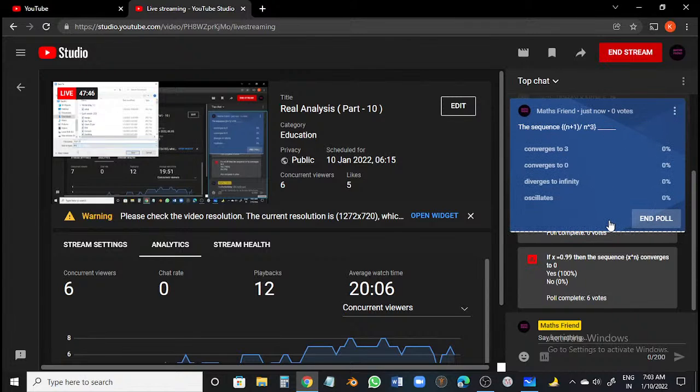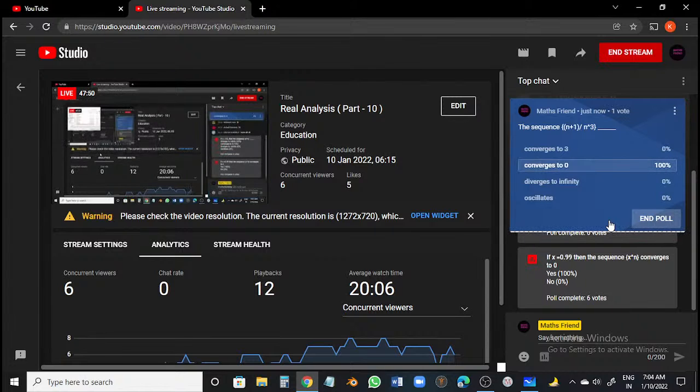The question says it is a sequence of the terms like n plus 1 upon n cube, and the options are it converges to 3, converges to 0, diverges to infinity or oscillates.